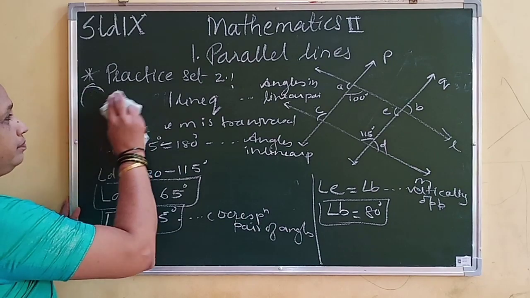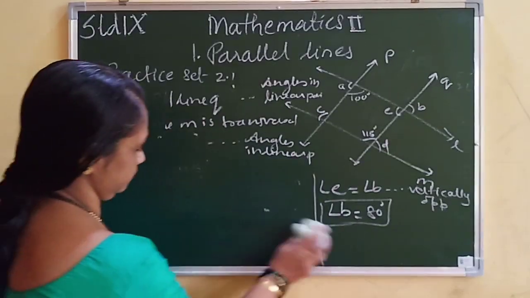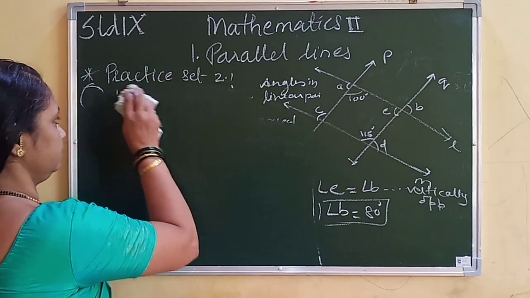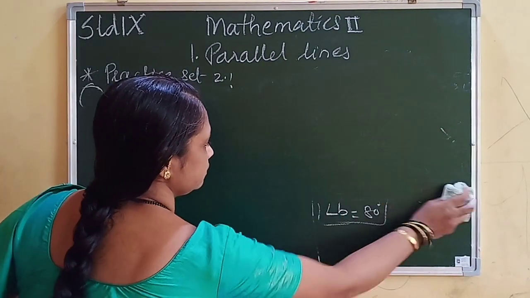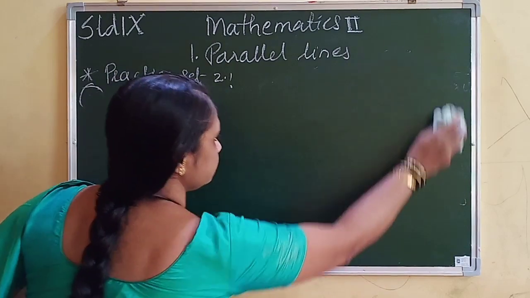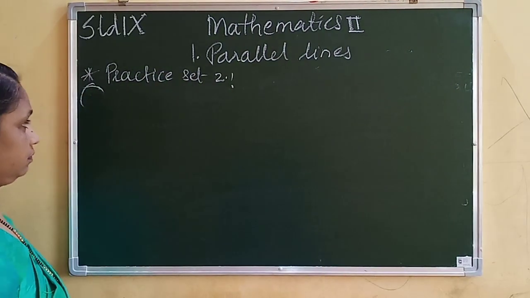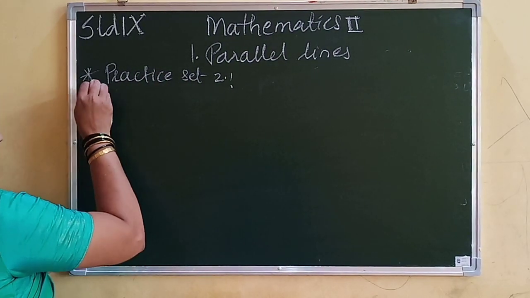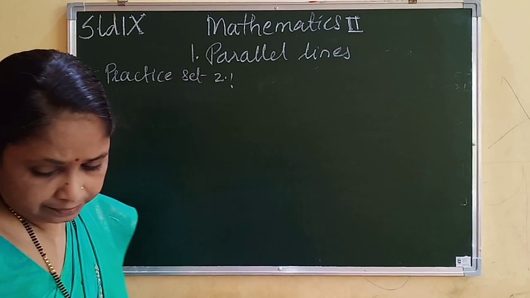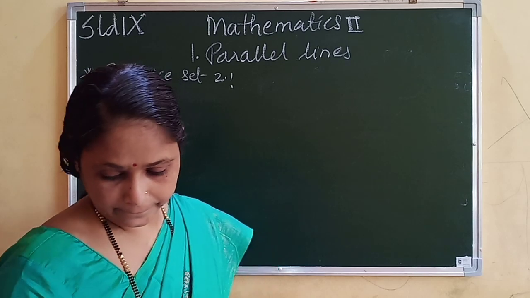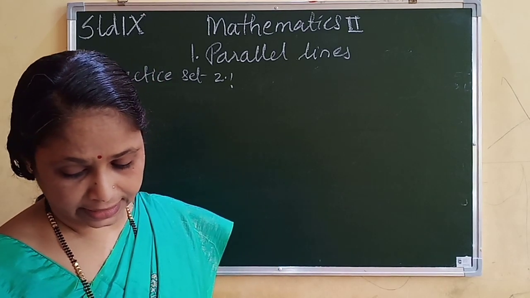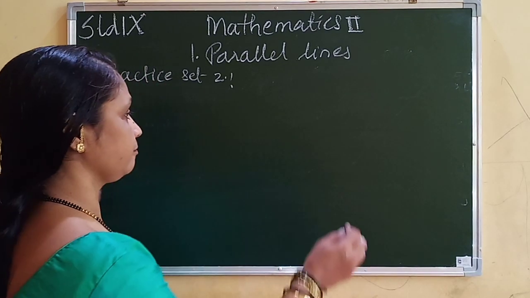Example number 3. Example number 3 is: line L and line M are given parallel.